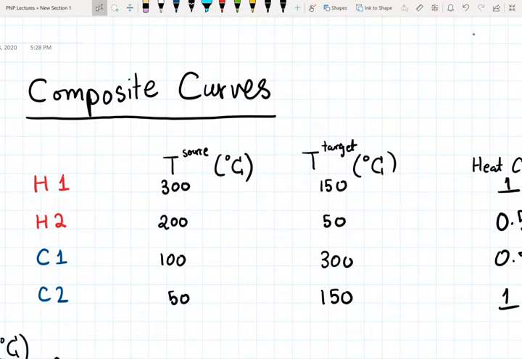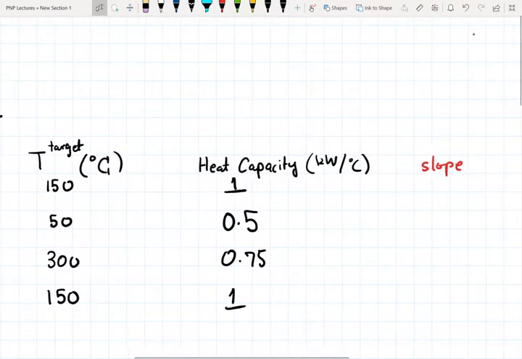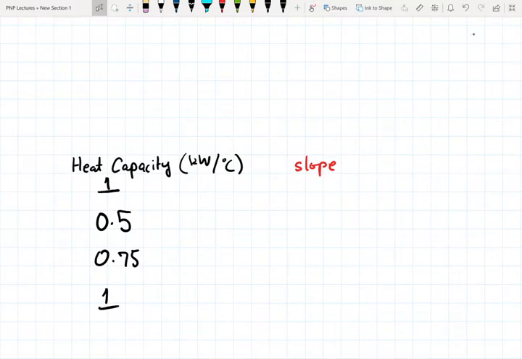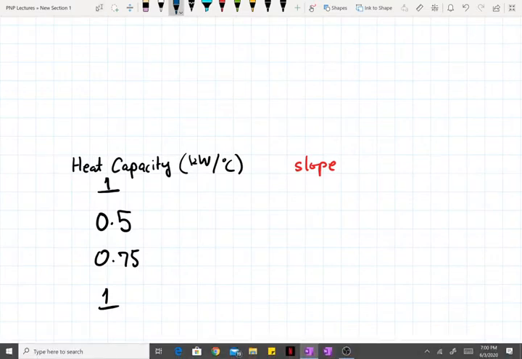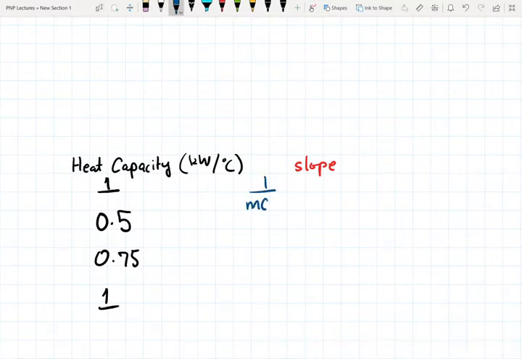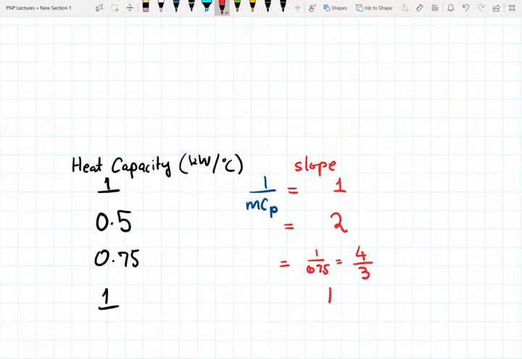We're going to be drawing temperature enthalpy curves, and if you remember from the previous video, the slope of a temperature enthalpy curve is equal to 1 over mCp, which in our case for our first hot stream is just going to be 1. For our second hot stream it's going to be 2. 1 over 0.75, that's going to be 4 over 3, and 1 finally.